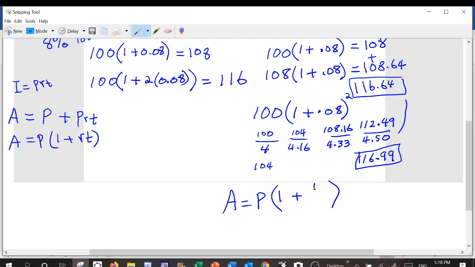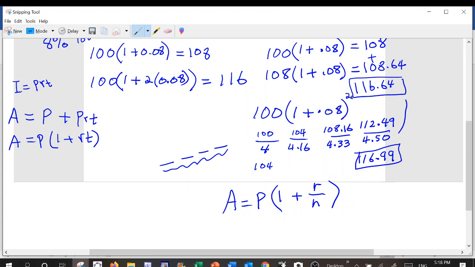So we have to divide the interest by, we're going to call that n, right? So n is the number of partitions in a year. If you divide it into 4 parts, n is 4. If you divide it into 365 parts, then that's 365.